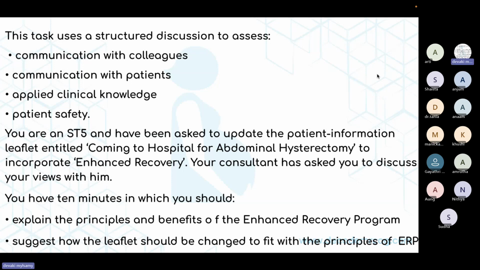This needs to be followed in all elective surgical cases. The next part is the principles of the enhanced recovery program.